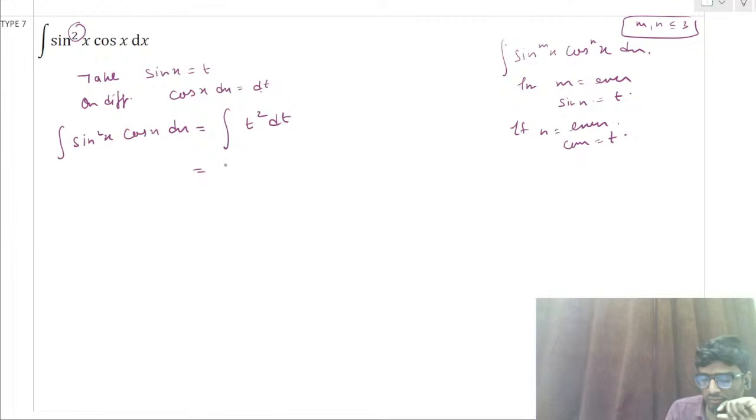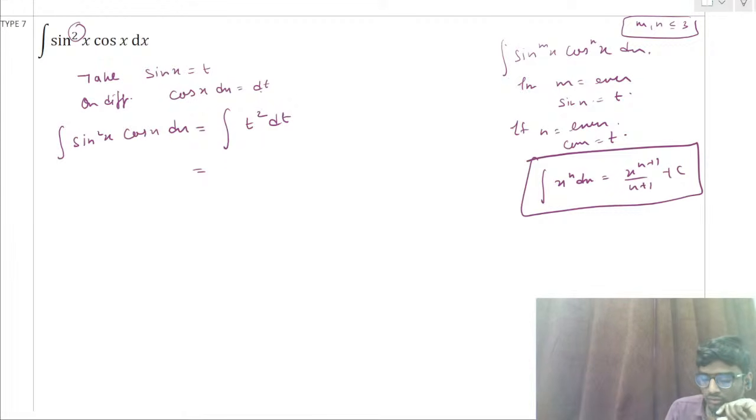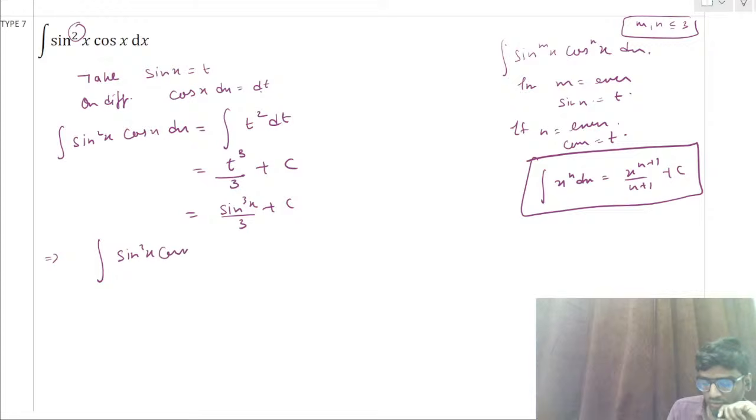Now the integration of x^n dx is x^(n+1) upon n+1 plus c. We all know this. So the integration becomes t^3 upon 3 plus c. Now here t is sin x, so we replace it: sin cube x upon 3 plus c. This implies the integral sin square x cos x dx becomes sin cube x upon 3 plus c.